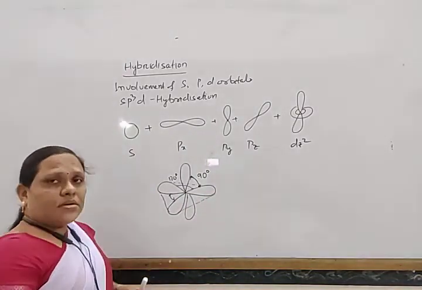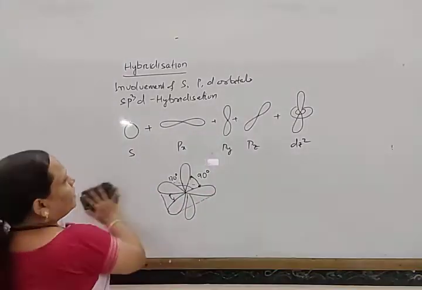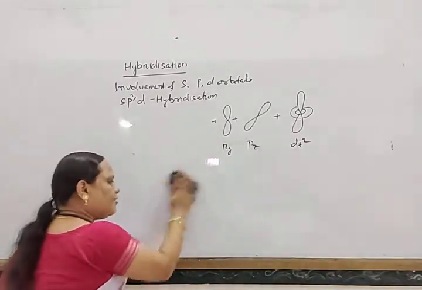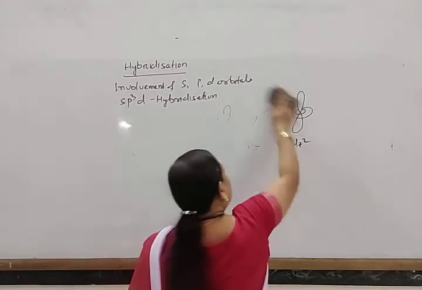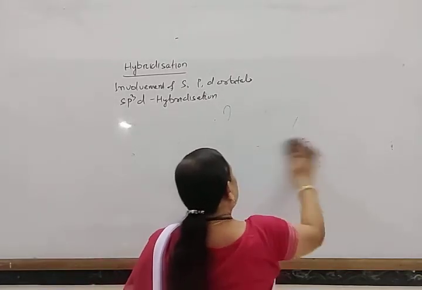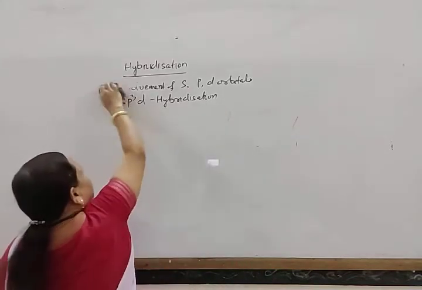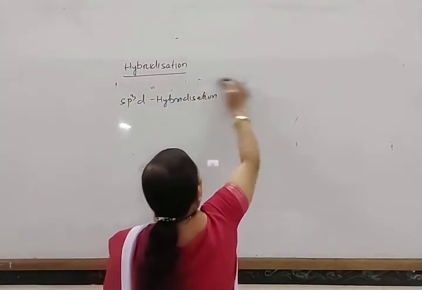Next come to some examples. When the phosphorus atom forms PCl5 or PF5, phosphorus pentachloride, the phosphorus atom generally undergoes this type of hybridization.